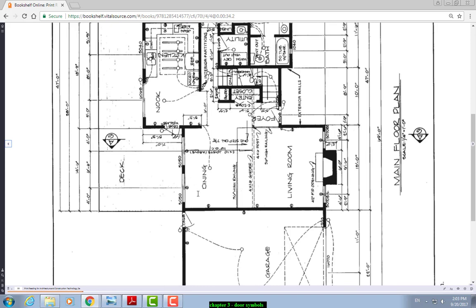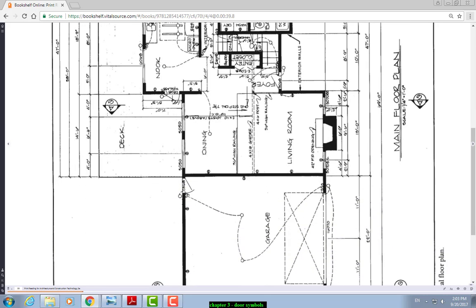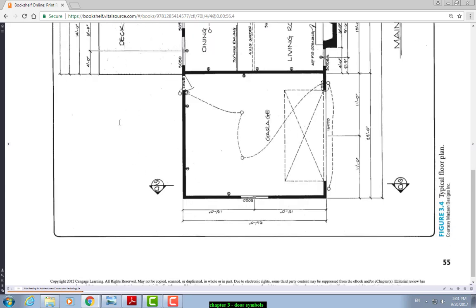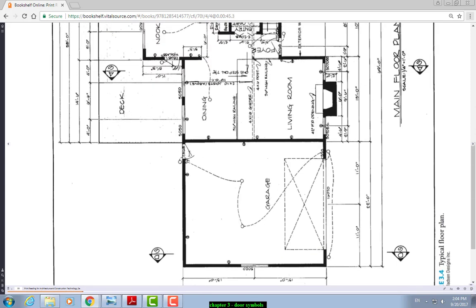But there's a door right here, and it has numbers there. It has a 2868, and that's the door to go out from the garage, or to come in from the garage from the backyard. Okay, so the door has a 2868. This garage door has 16070.